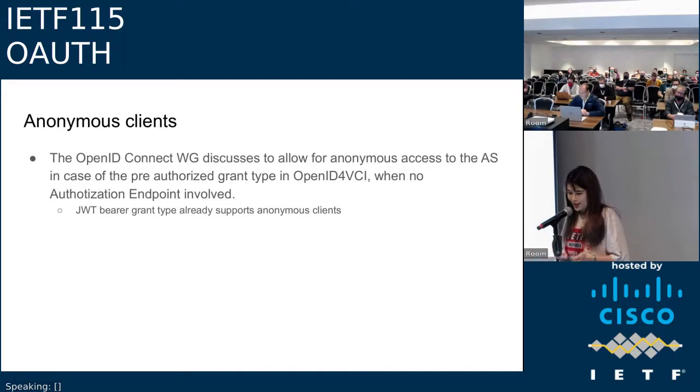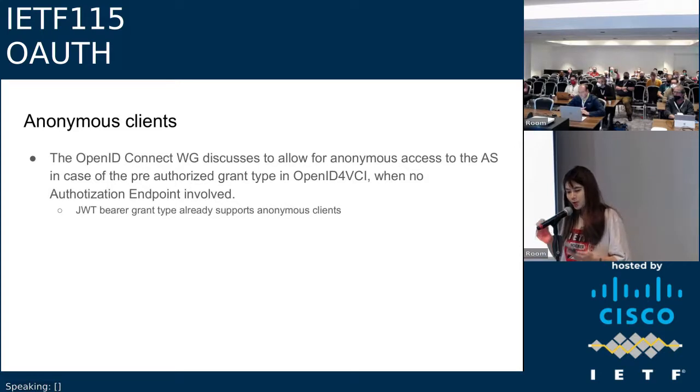Recently, going back to the credential issuance draft, we defined a new grant type, which is really similar to the JWT bearer grant type, but there's no authorization endpoint, and you can take the token directly to the token endpoint. We talked to Brian Campbell, so we're not doing something completely crazy.